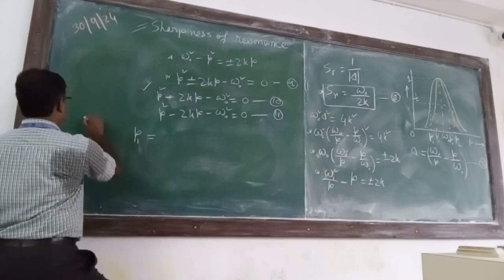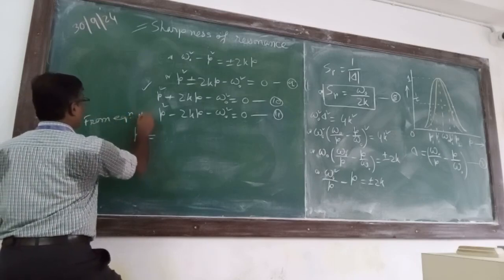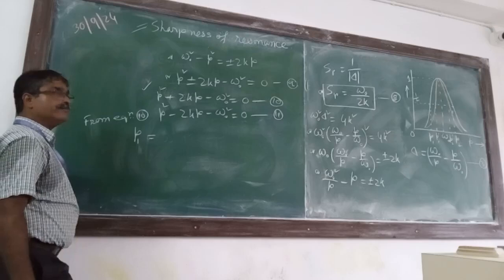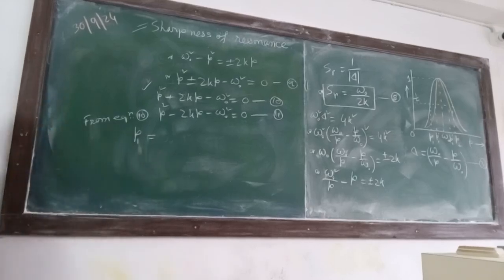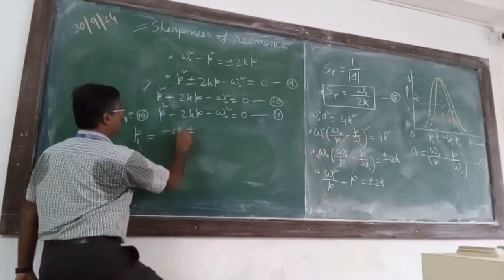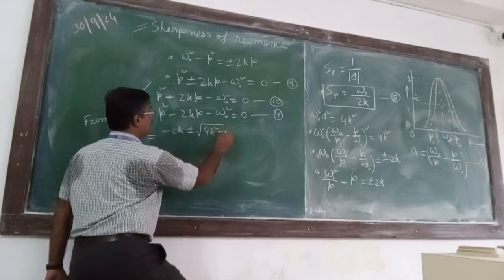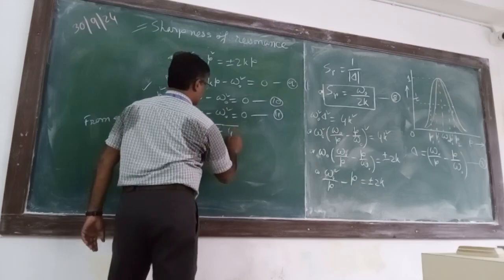From equation 10, P1 equals to what? From equation 10 using the quadratic formula, what is the value of P? Minus 2k plus minus root over 4k square minus 4 p omega naught.